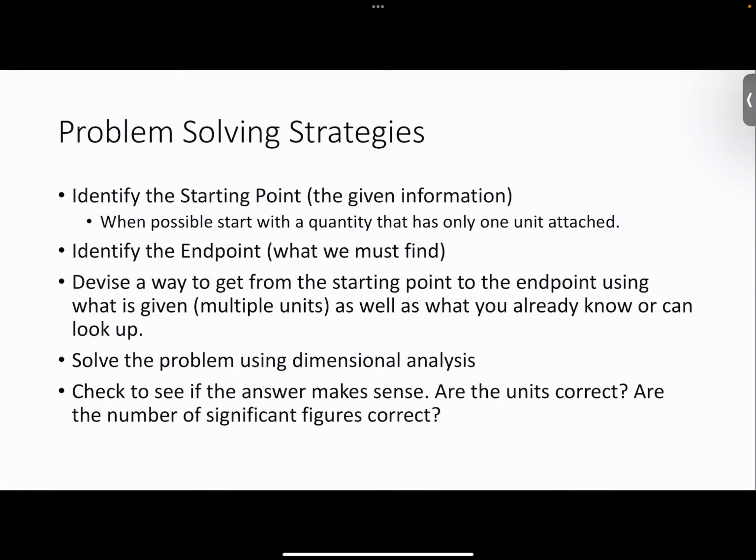Your significant figures are almost always determined by the numbers in the problem, not by the equalities that you pull up. Questions so far?